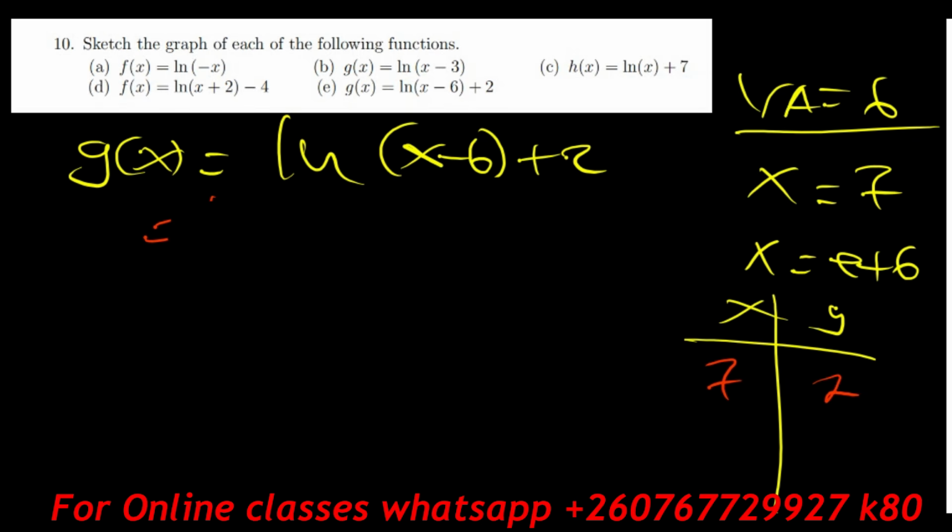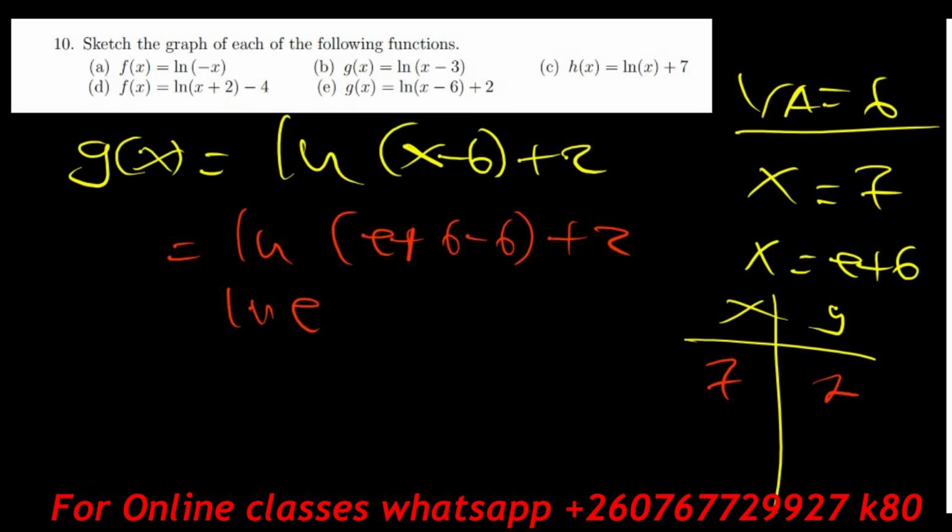Let's see. We put e plus 6 in ln, so I have e plus 6, again minus 6, plus 2. So 6 minus 6 is going to give us 0. We are left with e only. So ln e, remember, is in base e, plus 2. ln e of e is 1. So I'm going to have 1 plus 2, which is going to give me 3. So if x is e plus 6, then we expect our y to be 3, because it's 1 plus 2, 3.